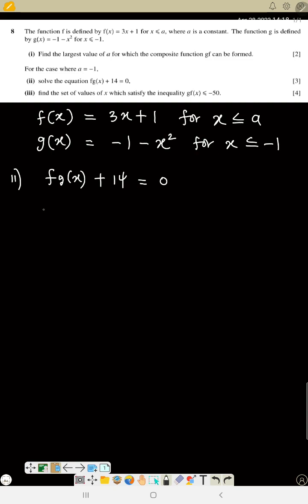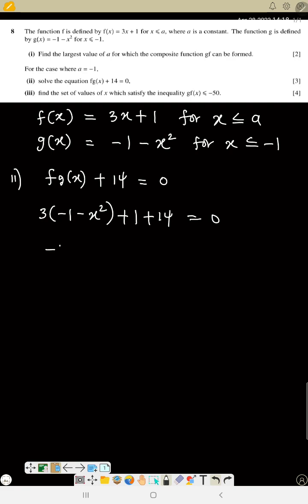So f of g of s is now 3 into brackets -1 minus s squared plus 1. Remember, this is 3s plus 1. So that will be 3 brackets, this plus 1. So we have plus 14. This one is equal to 0. So 3 open brackets here.